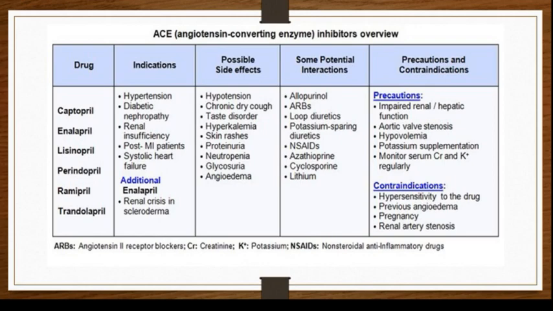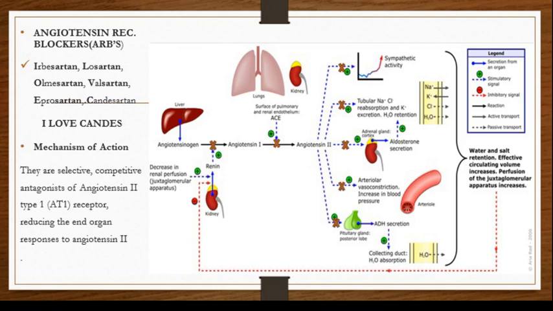Now, the next one we are going to look at is the angiotensin 2 receptor blockers, commonly known as the ARBs. And common examples of these ARBs are irbesartan, losartan, olmesartan, valsartan, and candesartan.